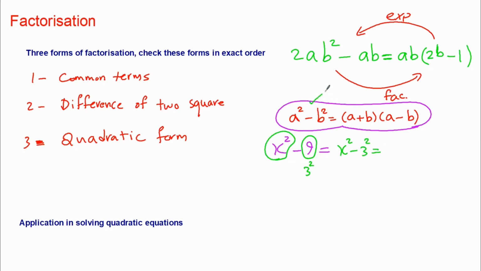Comparing to this one, our a is x, our b is 3. So I need to put the right hand side in exactly the same order. That would be x plus 3 times x minus 3. And this is factorization because we have converted a subtraction of two terms into two separate terms that are multiplied by each other.